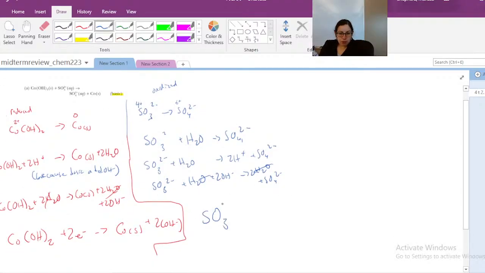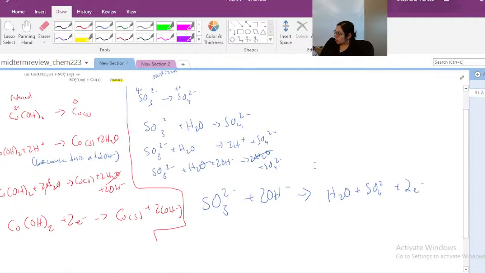So then we have our sulfite plus 2 equivalents of hydroxide gives us H2O, sulfate, and then our 2 electrons. So does that look good for our 2 half reactions?